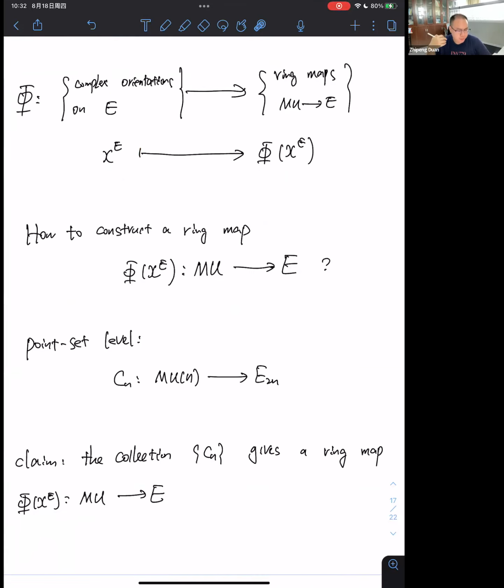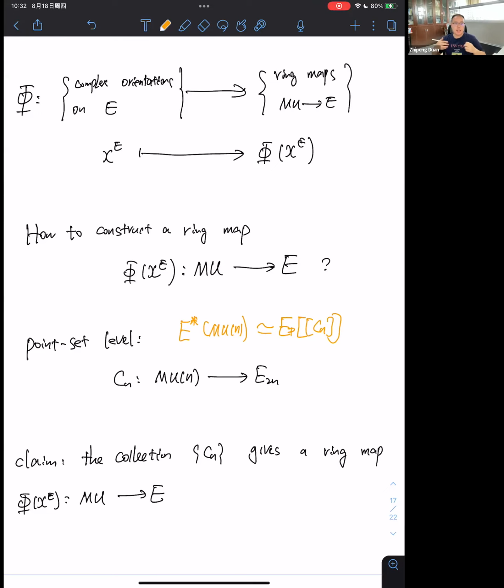So we recall that for each generalized cohomology, E star of MUN is isomorphic to the power series on a single generator Cn.